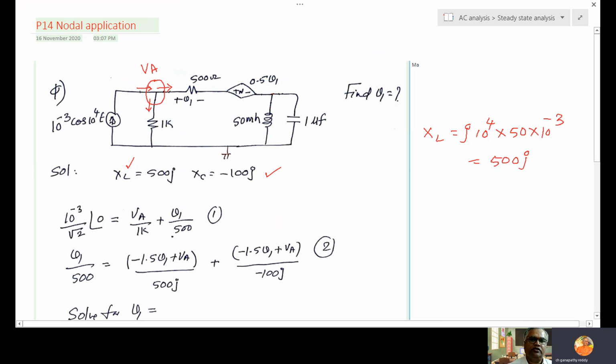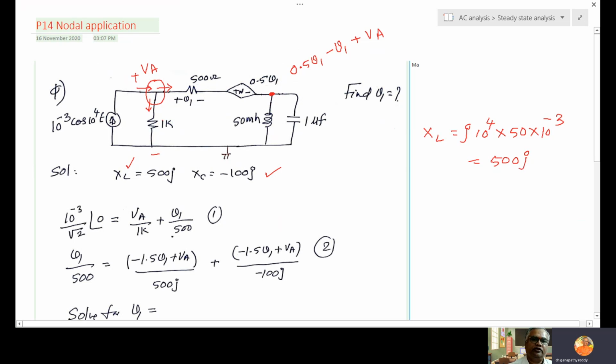Okay. Then what is the voltage here? Minus 0.5 V1. Start here, go to ground. Minus V1 plus VA. VA means this is plus, so it is ground minus.